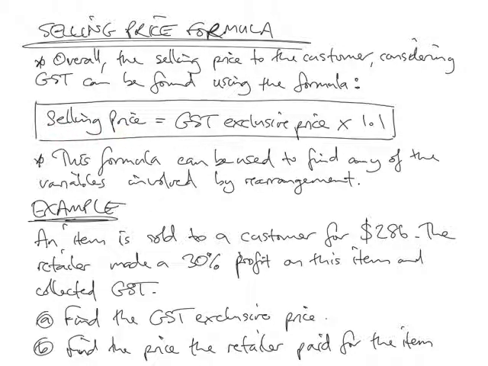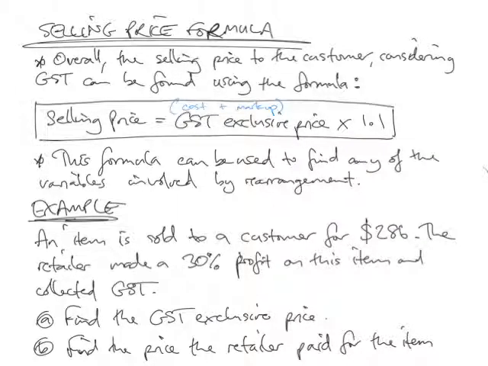The selling price is going to be the GST exclusive price, which is the cost plus the markup, so the cost to the retailer plus the markup that they're making, times by 1.1.